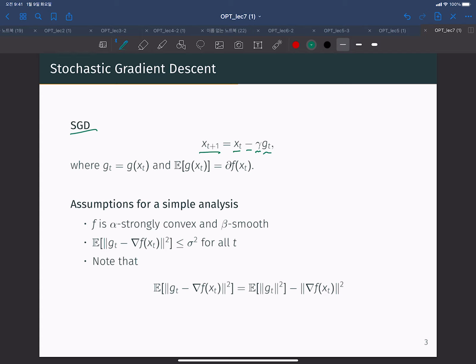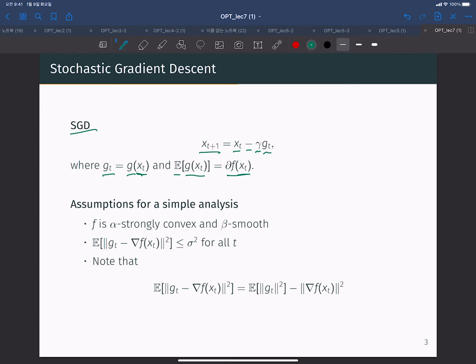So here g_t is equal to g(x_t), and the expectation of g(x_t) is equal to the gradient or subgradient of your true objective function f at point x_t. Okay. There are some assumptions for a simple analysis.